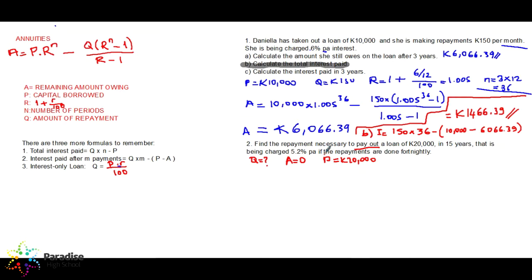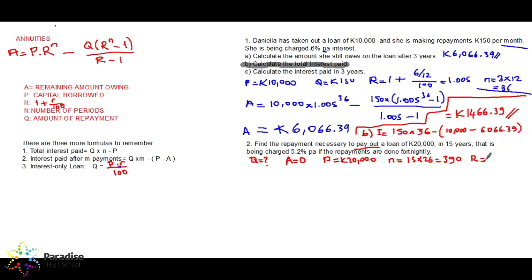Let's look at the last part of the question. If the repayments are done fortnightly, so the N will be equal to, in 15 years, how many fortnights are there? 15 times 26, it's going to be 390 fortnights. 390 repayments will be done. And then what is the rate?